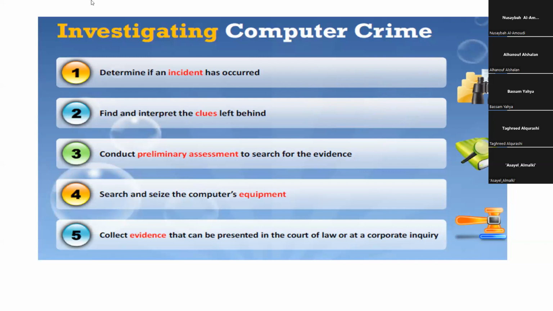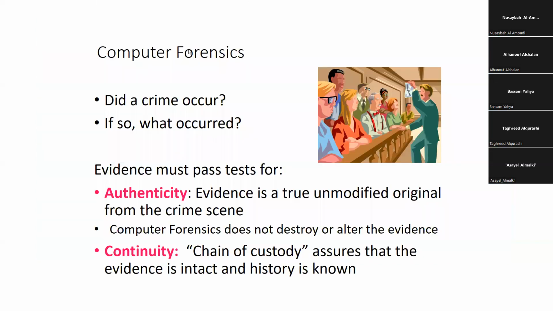Again, the computer investigator needs to determine whether a crime occurred within this computer or by this computer, because a computer crime can be done against a certain computer or using a computer.